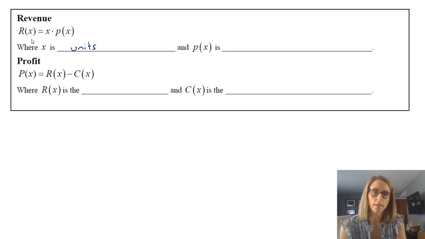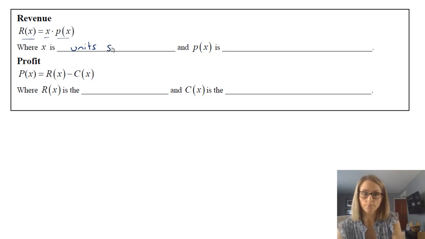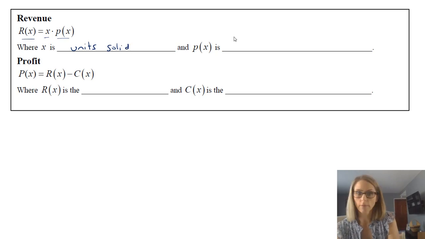If you are asked to maximize revenue, revenue is x times little p of x. x is units sold, and p of x is price per unit.